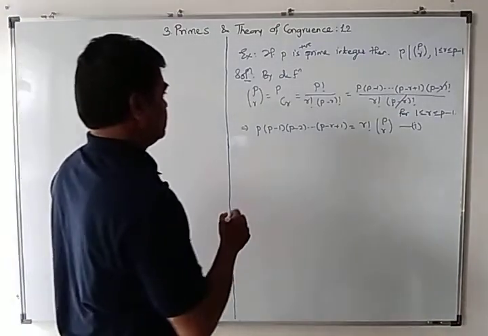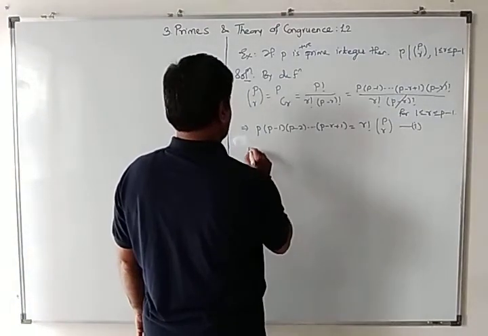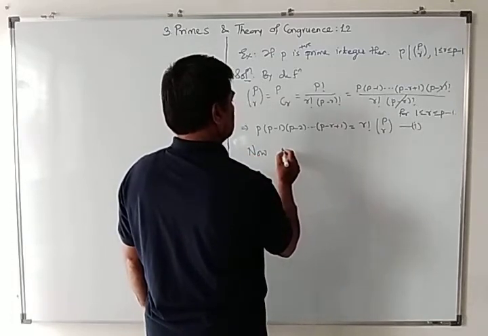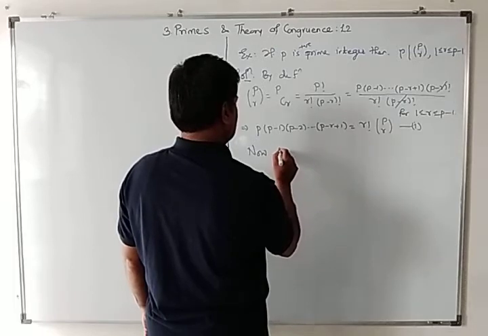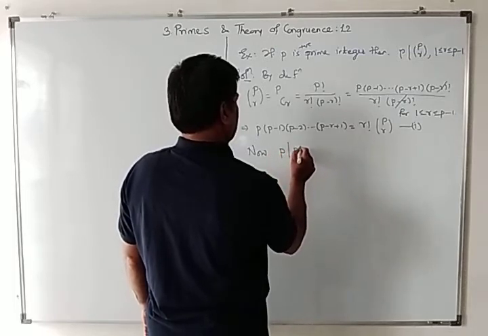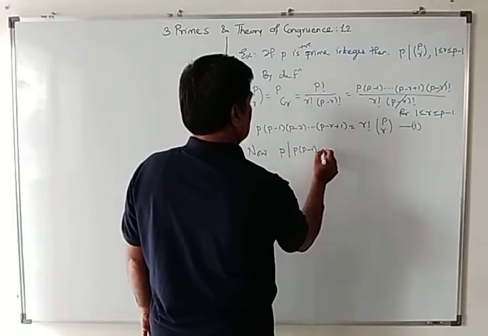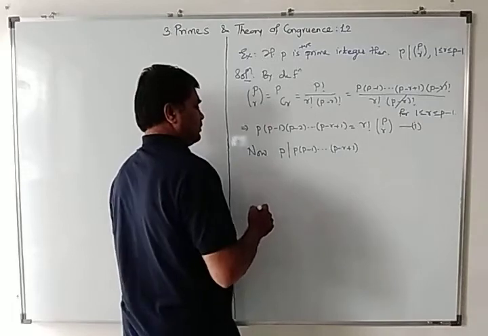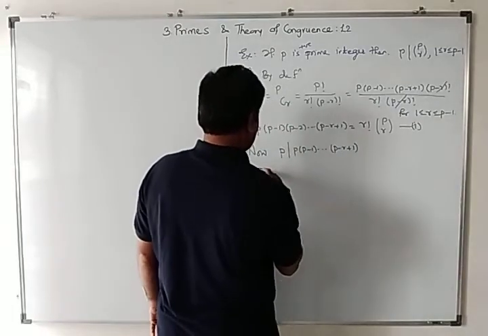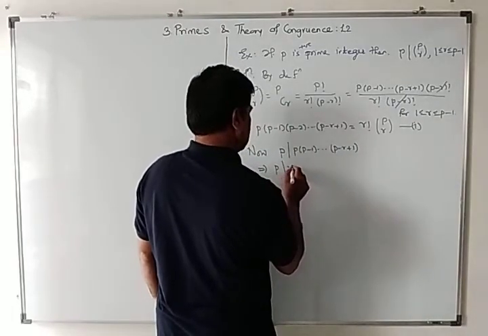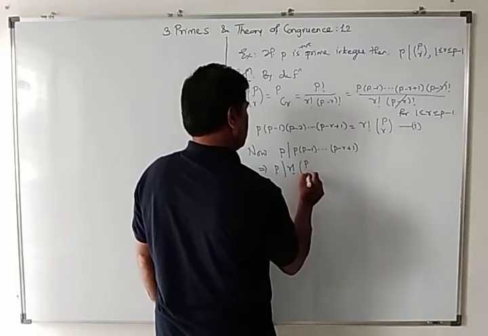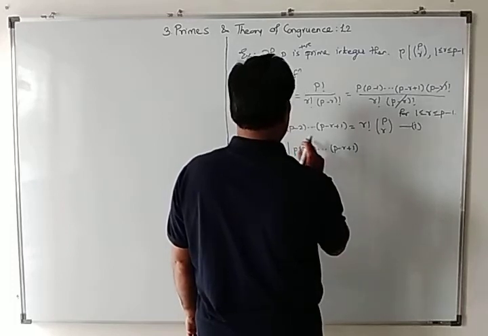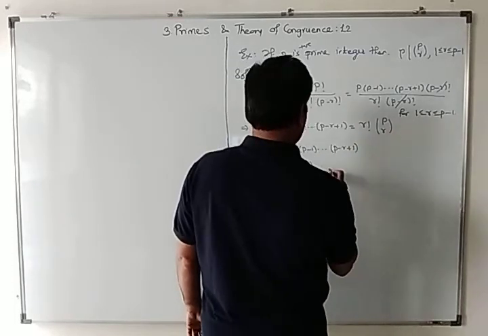Now, p divides p into (p − 1) up to (p − r + 1), which implies p must divide r factorial into pCr. We will call this 1.